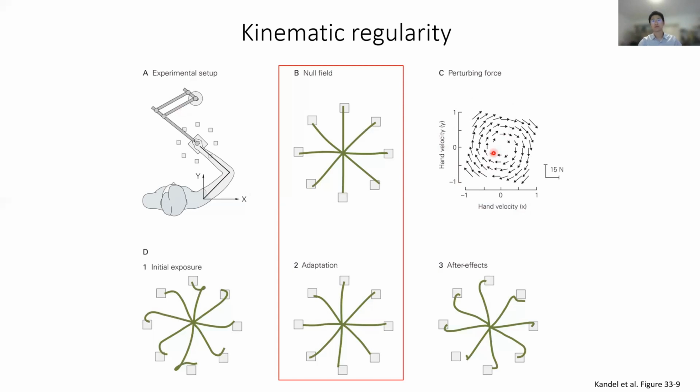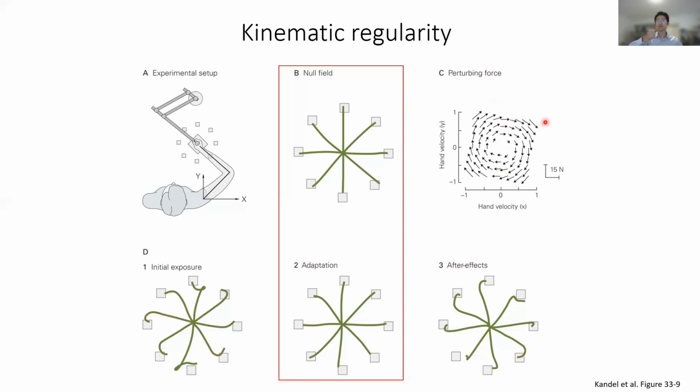For example, if you stay at 0 velocity in both directions, in the middle of this plot, there will be no perturbation. If you move along the y direction, then according to this profile, you will get a horizontal perturbation on the hand.